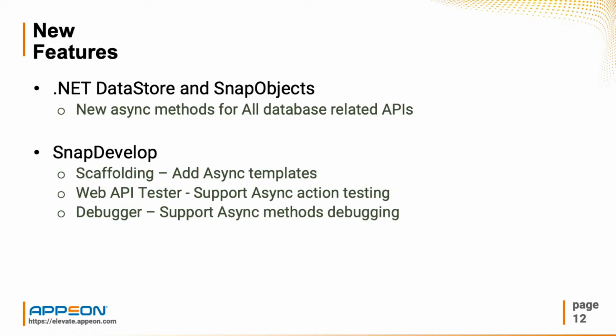This actually makes it very convenient for me to develop, run, and then debug my source code, and everything in the same IDE. I don't have to change from one IDE to the next and so forth. You can also debug your asynchronous code in the IDE and also inside of the Web API Tester tool.